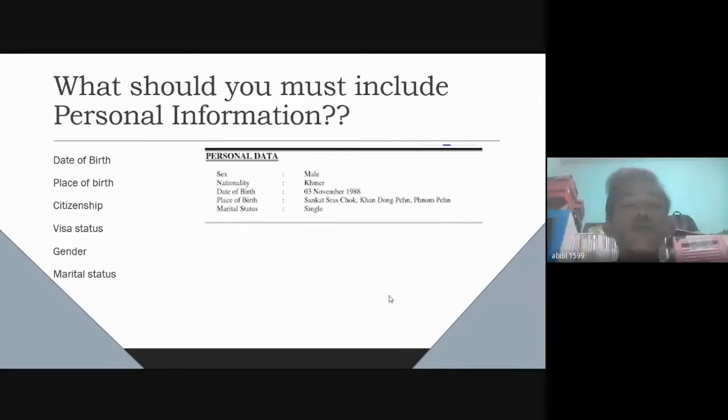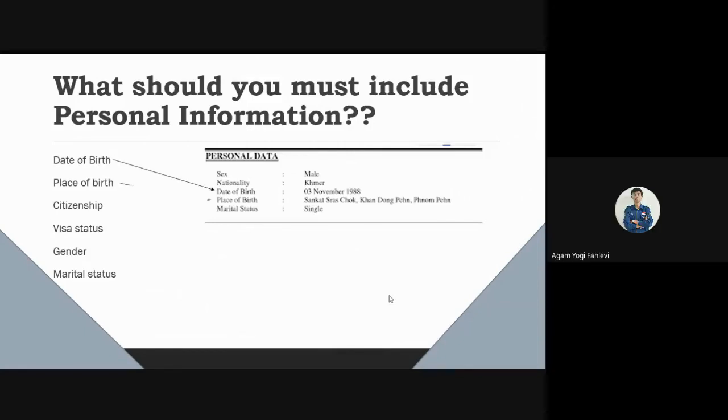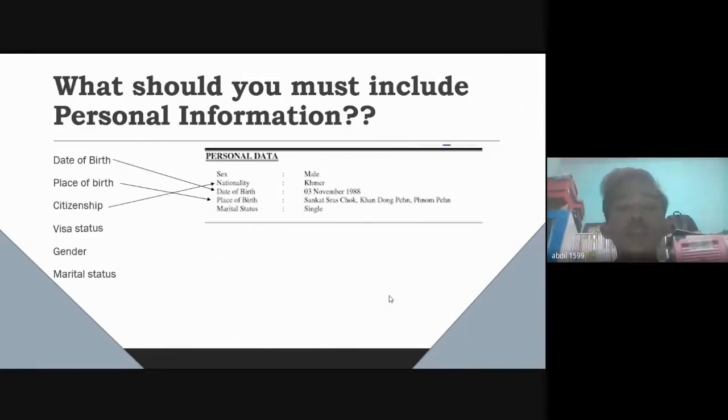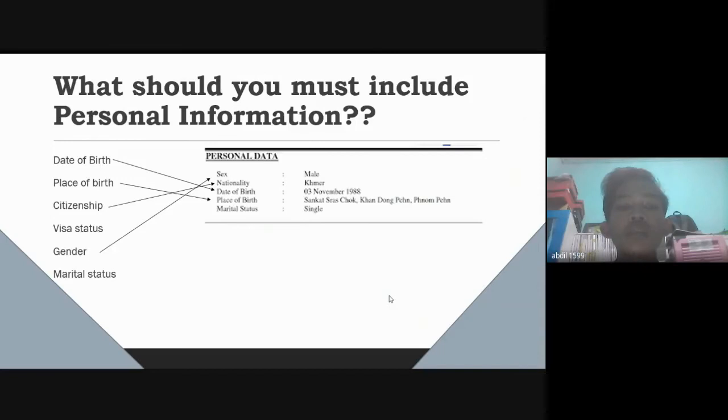In personal information, include date of birth, place of birth, citizenship, visa status, gender, and marital status.